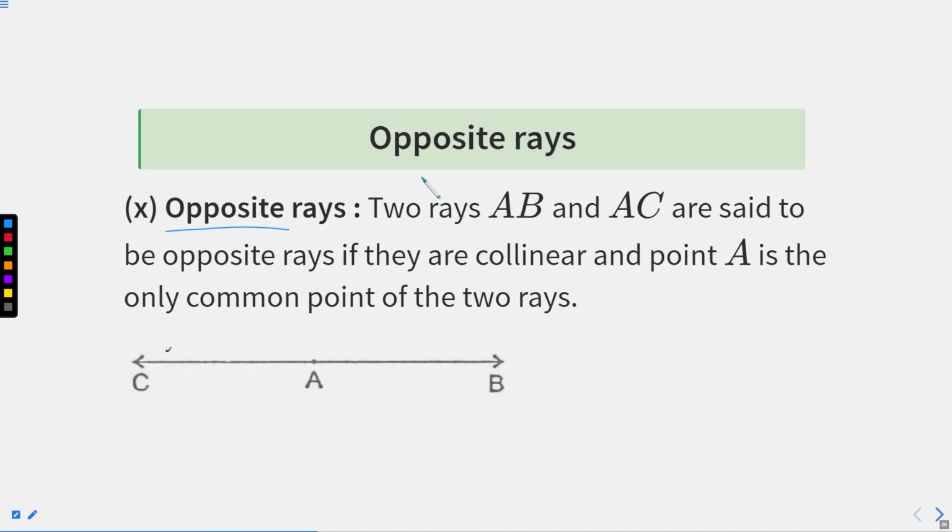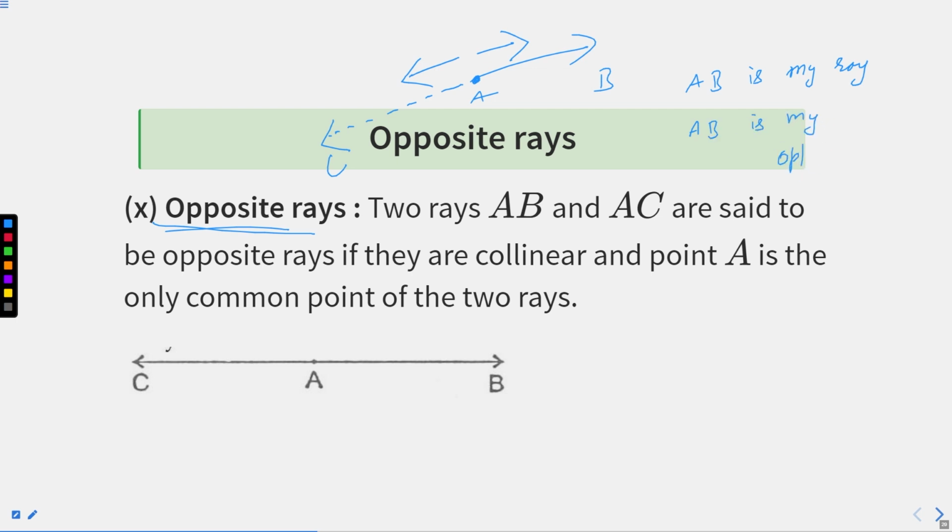Opposite rays: if AB is a ray, the opposite ray is the directed line segment in the opposite direction. Here the direction is this way, so the opposite is this way. So AB is my ray and AC is my opposite ray.